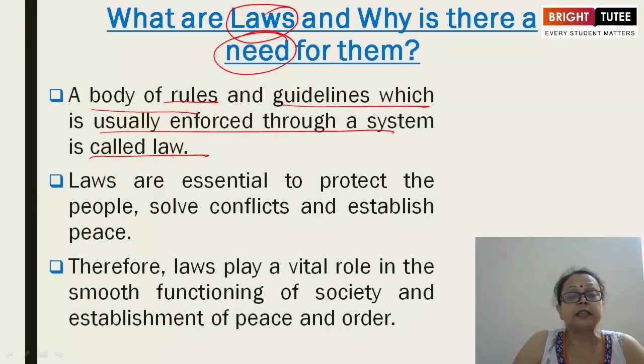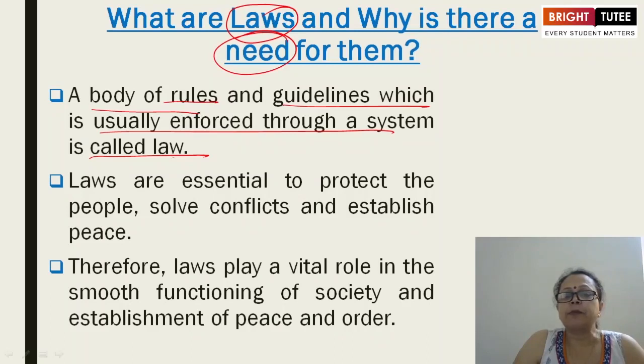You have to wear a certain uniform for the school. If you have sports, you have to dress differently. So these are the rules and guidelines which you have to follow, and the entire system, which is enforced, is called law.